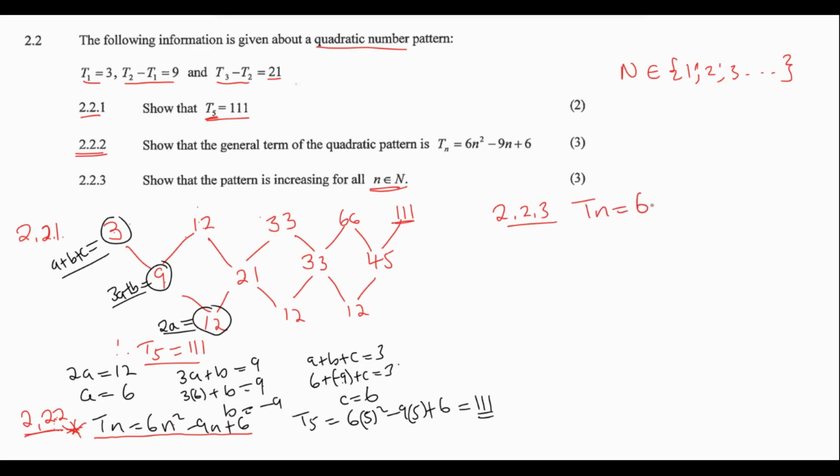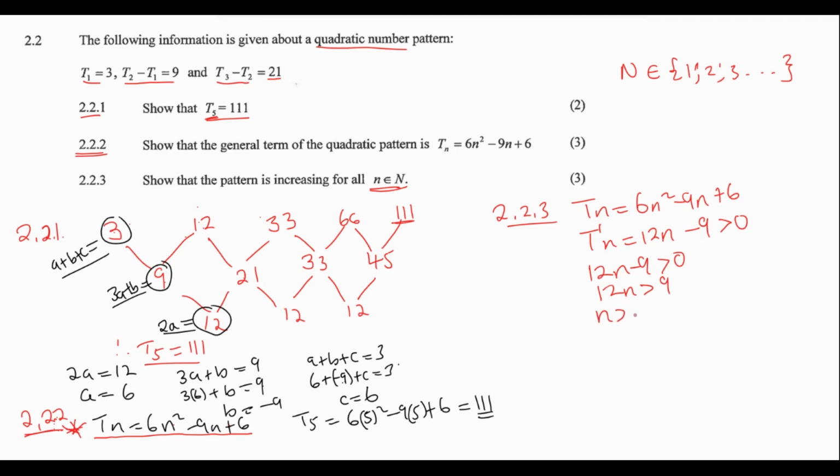Tn is equal to 6n squared minus 9n plus 6. So derivative of n there is 12n minus 9. Then this derivative should be greater than 0. All right, and then we solve for n. 12n minus 9 greater than 0. 12n greater than 9.